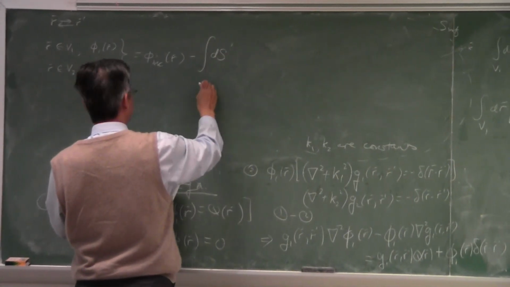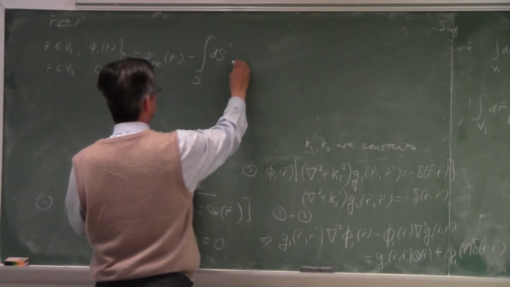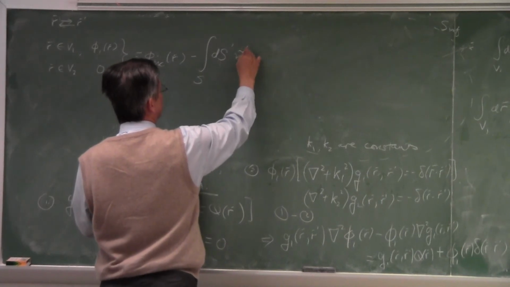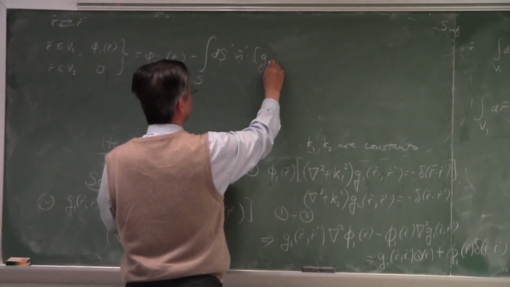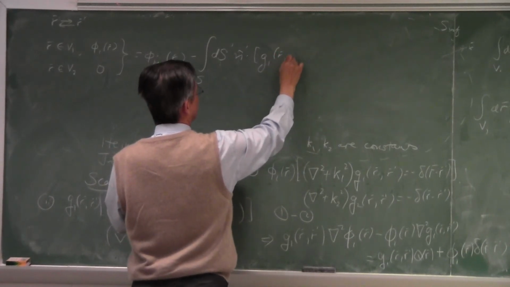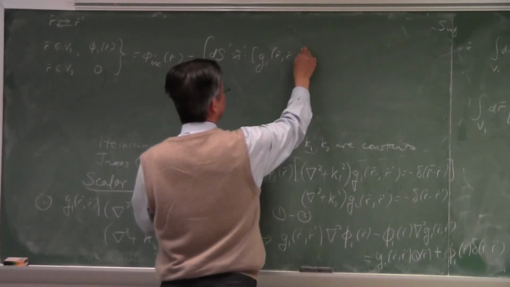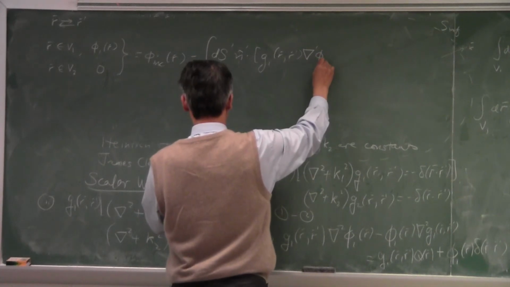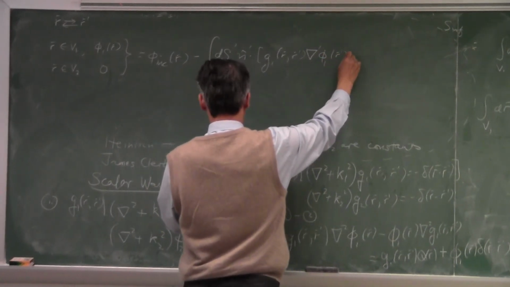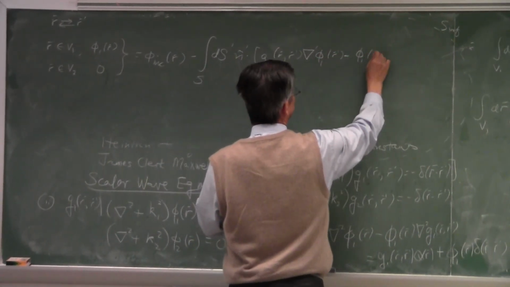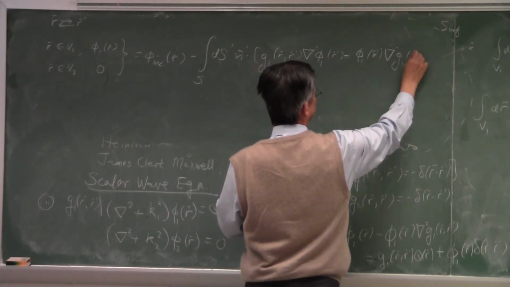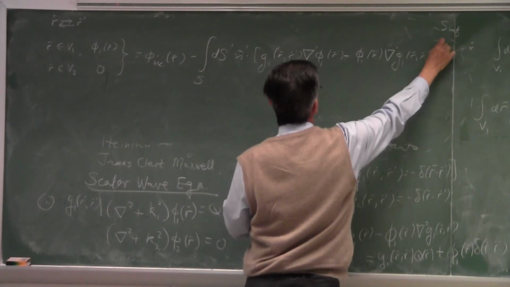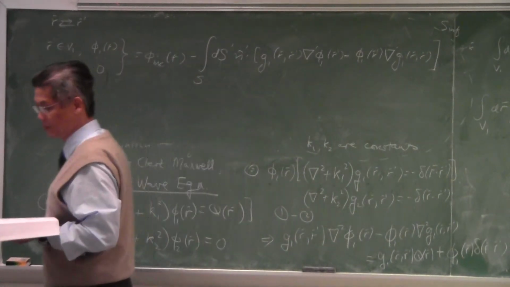Remember, I swapped R and R prime, so this is S prime now, N prime now, G1 of R prime, gradient prime of psi 1 of R prime, minus psi 1 of R prime gradient prime of G1. Okay, so this is one equation.